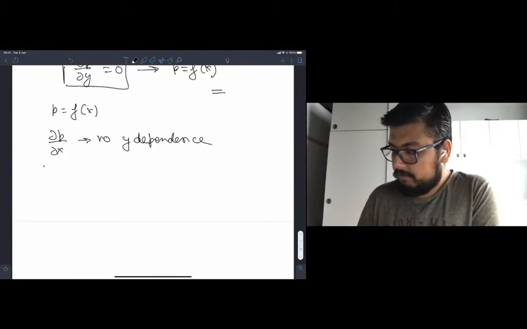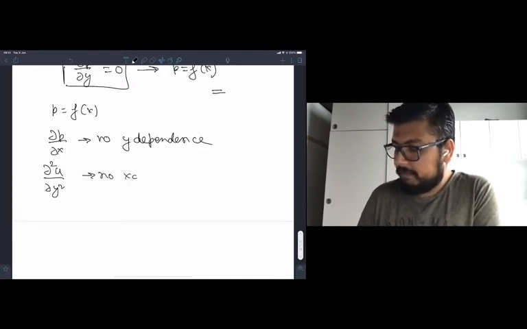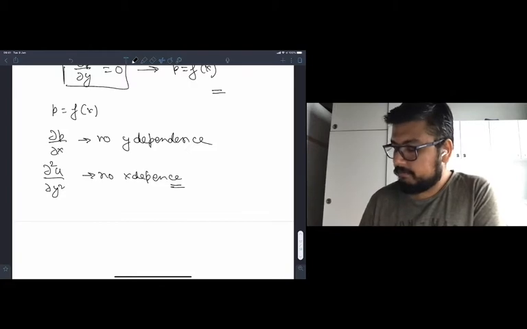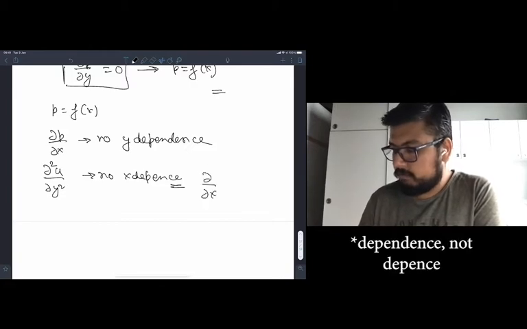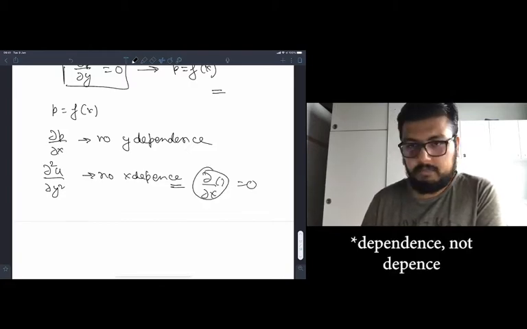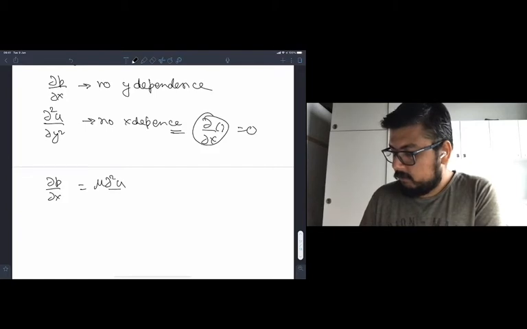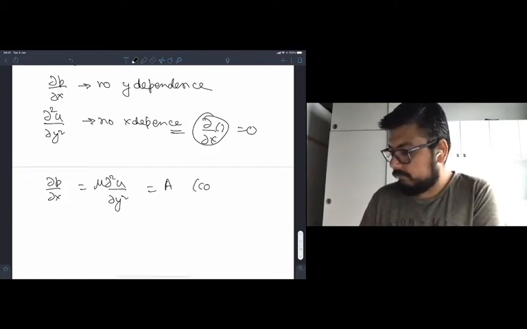Furthermore, del square u by del y square has no x dependence, and that's because we assume the invariance condition in the very beginning. So this tells me that dp by dx equals mu del square u by del y square. This is both equal to a constant.